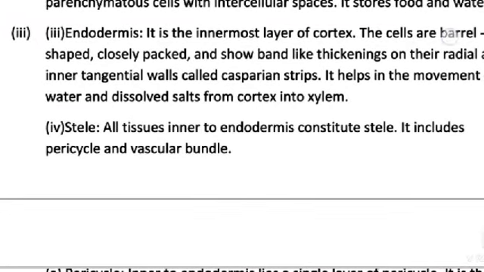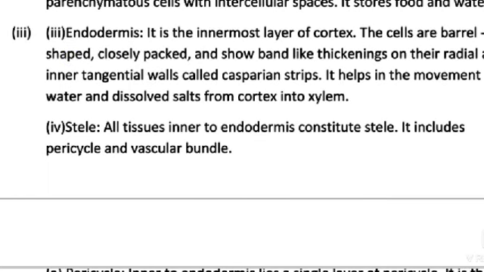The cells are barrel-shaped, closely packed, and show band-like thickening on the radial and inner tangential walls called the Casparian strip. It helps the movement of water and dissolved salts from the cortex into the xylem.